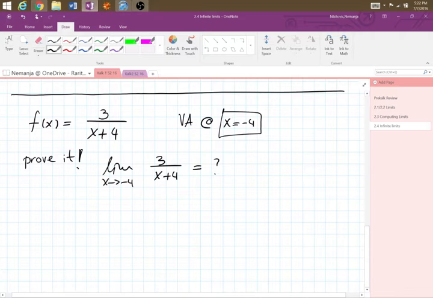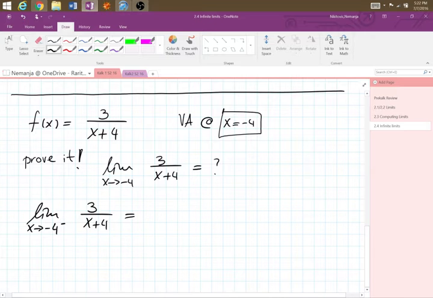Well, we know that we are supposed to check for vertical asymptotes any of the one-sided limits. So we are going to check, let's say, approach from the left. So x approaches -4, and a little minus on top, telling us that it's from the left, of 3 over x plus 4.